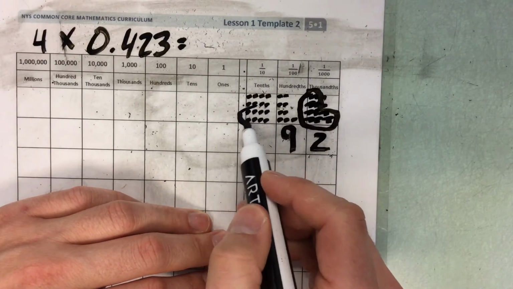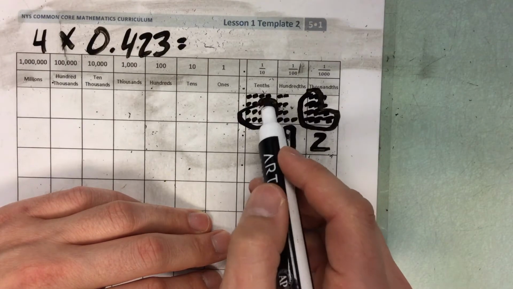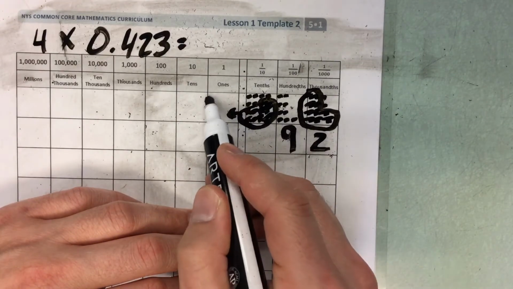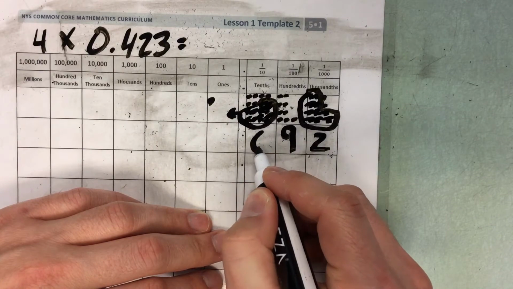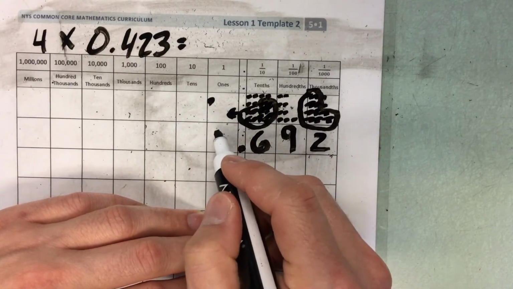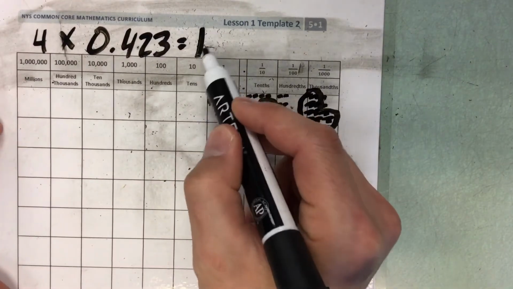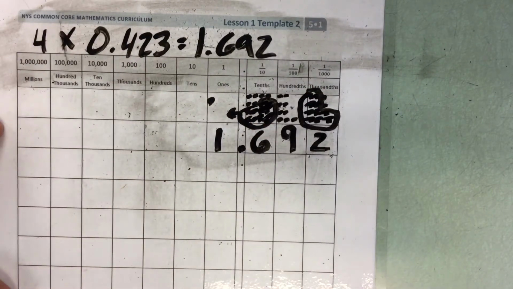And I'm going to take these 10 and bundle or cash them in. And they're going to become 1 one. And I'm left with 6 tenths. So there's 6 tenths remaining. I'm going to put my decimal place and then move over 1, and I have 1 one. So our answer would be 1 and 692 thousandths.